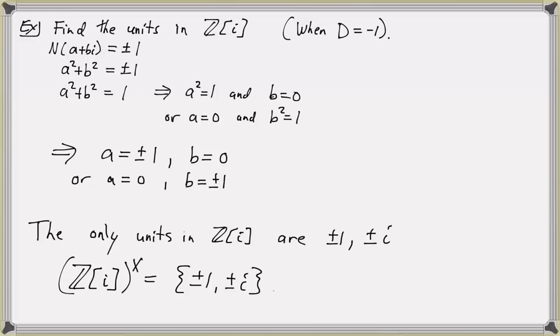Now let's look at another example when d is negative. We've already looked at when d was the integer -1, so let's not consider that case again. So d is not going to be -1, and further, d is not going to be equal to -3.